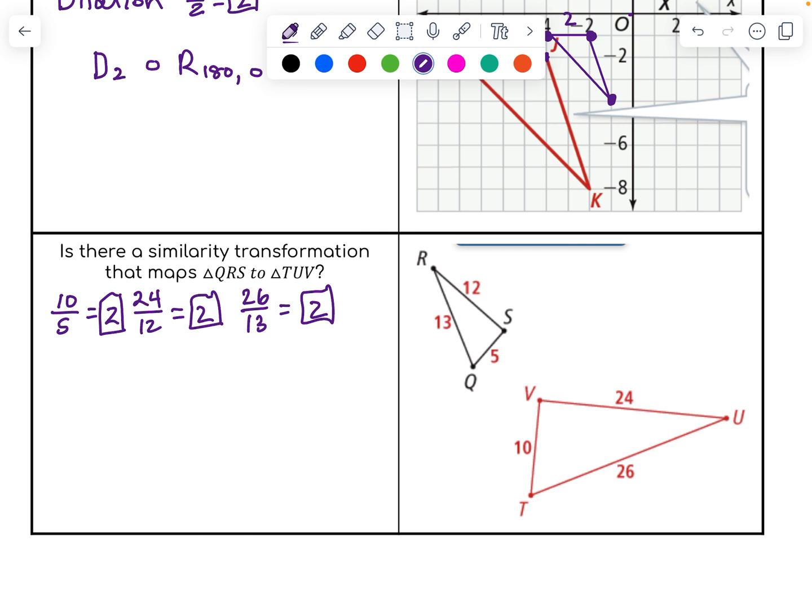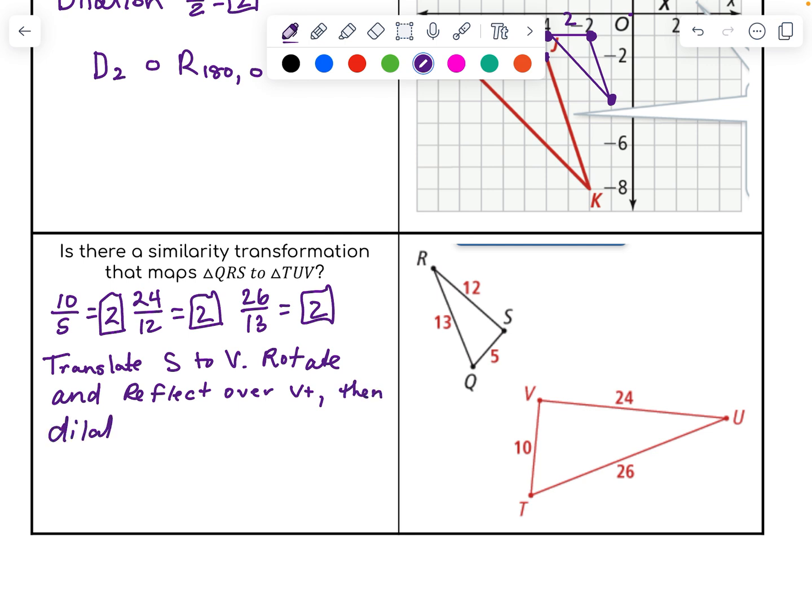So we're going to translate S to V. Then we're going to probably rotate and reflect somehow over VT, and then dilate by 2 from point V. Okay, so that's some of the things that we would do.